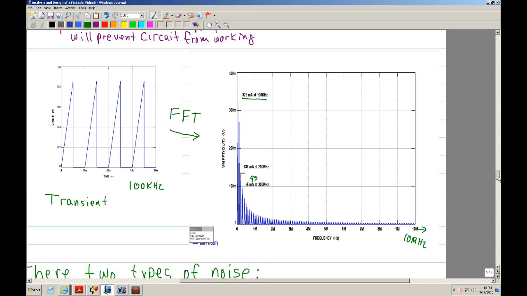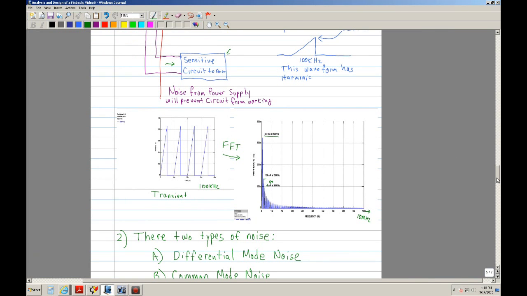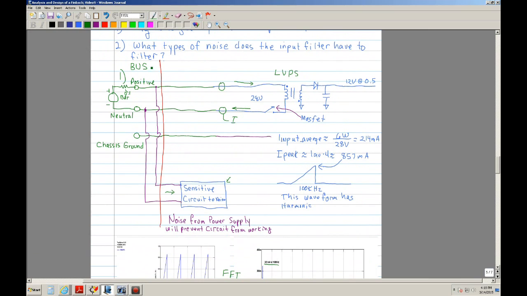And that can be a problem because those harmonics, or those currents, are actually riding on or polluting your bus.